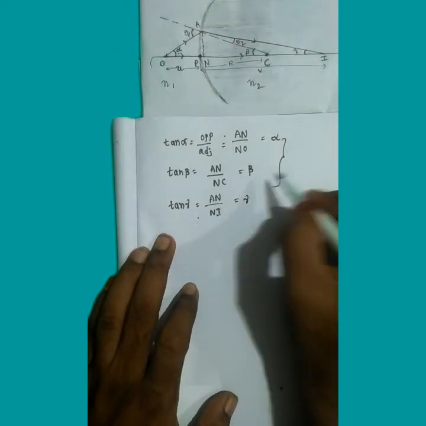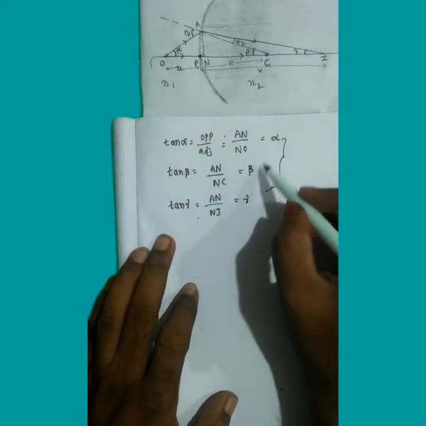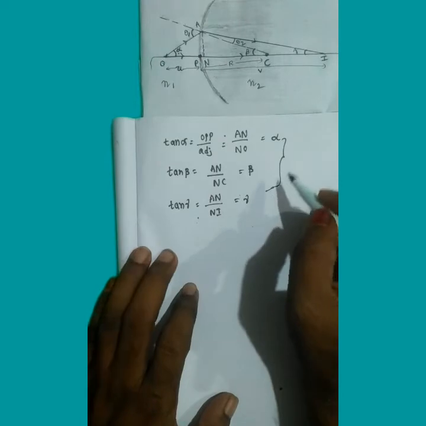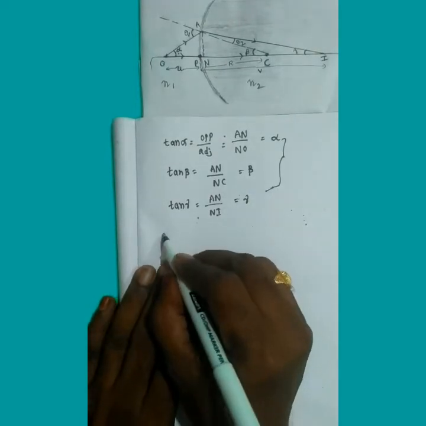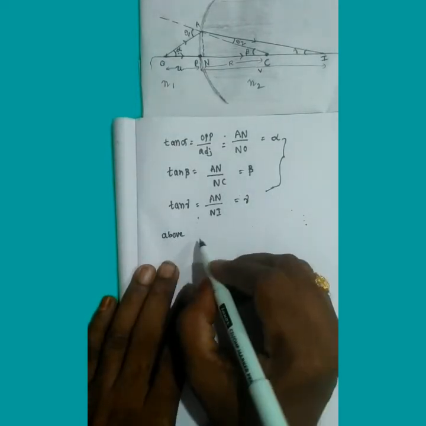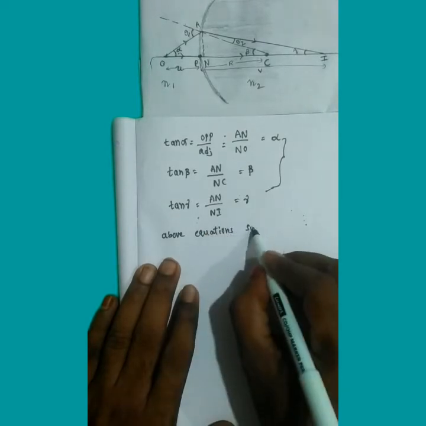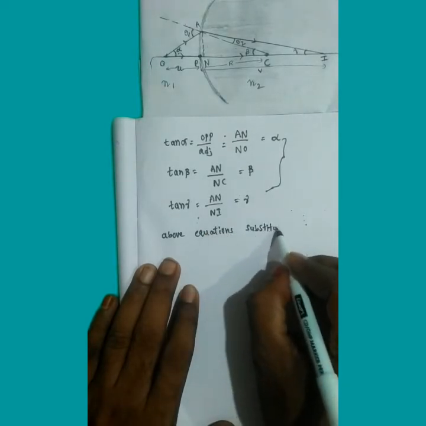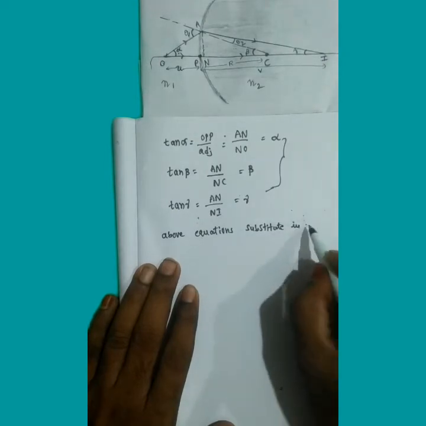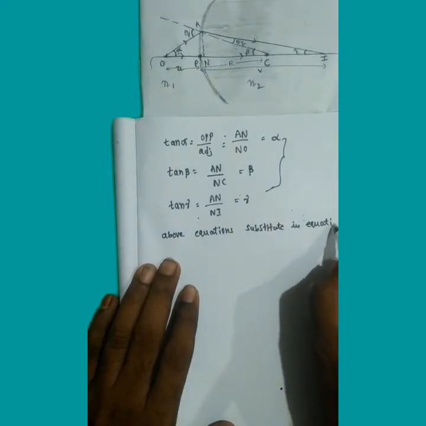Now these three equations, that means alpha, beta, gamma values, we have to substitute in the above equations. Substitute in equation 2.